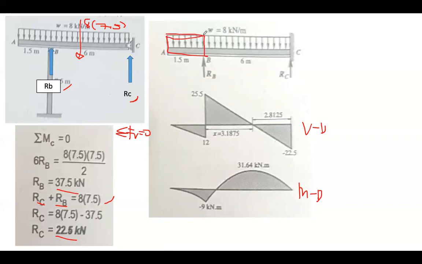The length is 1.5 and then the height is 8. So shear here, this 12. So we write here shear B, let's say shear B1, is just equal to this area, 8 times 1.5.